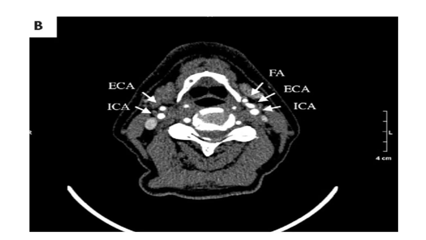As arteries go towards the head and neck region, they get smaller branches, and we identify them according to anatomical location, bilateral existence and rounded shape. So here at the level of the hyoid bone, we can identify the external carotid artery and internal carotid artery, and here is the facial artery.